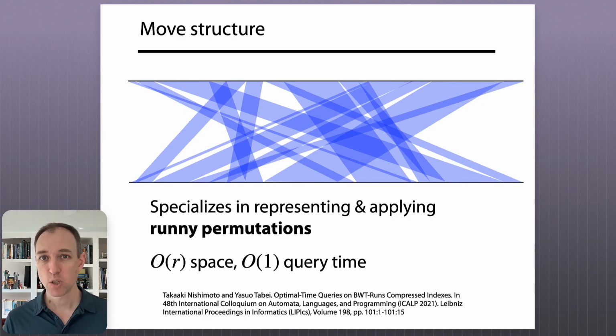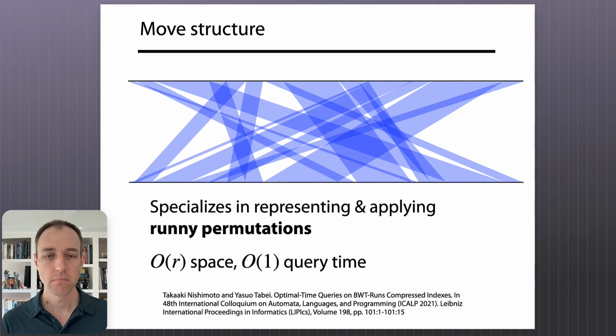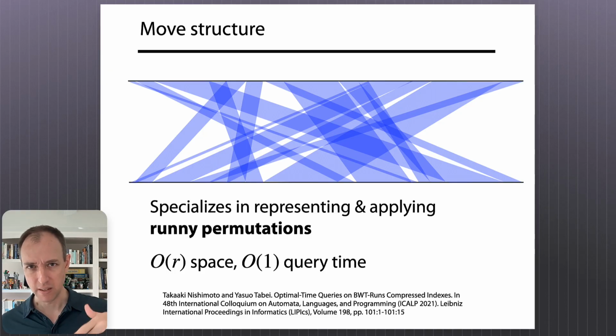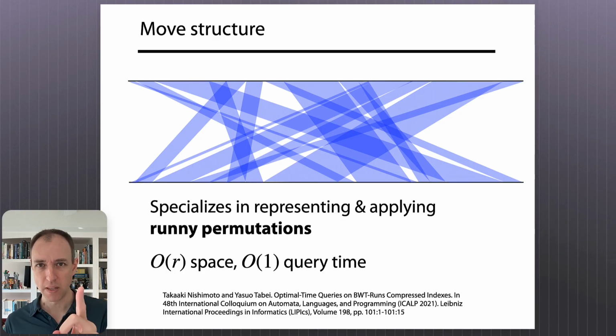And the move structure does achieve, with maybe the slightest asterisk, which we'll come back to later, the best of both worlds bounds, which is that moving through this permutation once requires only constant time. All right. So I didn't write out the big O of M plus oak because we have to do several things, but just in one step of using the move structure, executing one LF mapping or one permutation, that takes constant time.